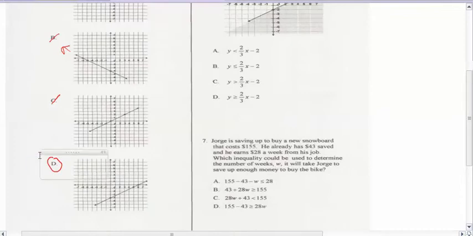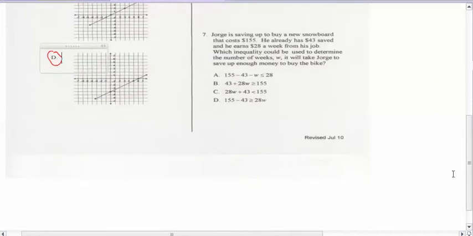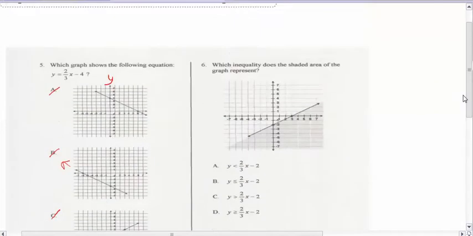Okay, the next problem is going up to the top of the page, number 6. Again, all the equations look like they are the same, but what's different is the inequality signs. Now this is a solid line, so that means I can get rid of the ones that would make a dashed line.